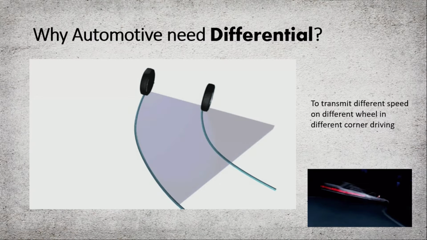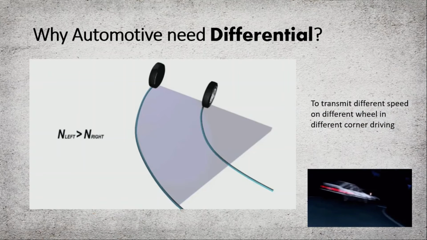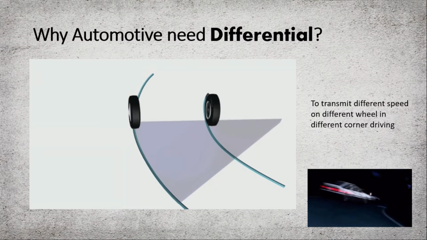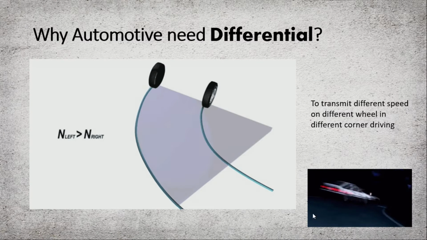So why is the differential designed and used in automotive applications and fields? The main function of the differential gear is allowing the outer drive wheel to rotate faster than the inner one when the steering takes a turn, or when we turn the steering from one angle to another.